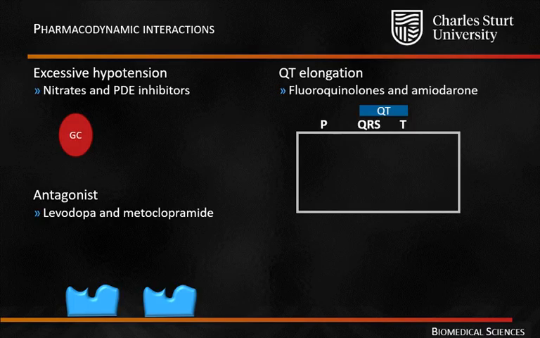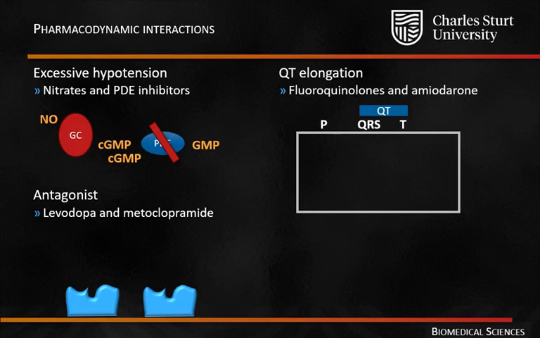So nitrates will stimulate guanylate cyclase, which makes cyclic GMP, and then that cyclic GMP is going to be broken down by phosphodiesterase into GMP, or guanosine monophosphate. Now, if the nitrate is stimulating cyclic GMP and the phosphodiesterase inhibitor is inhibiting its metabolism, you'll end up with a buildup of cyclic GMP, and that leads to the excessive drop in blood pressure.